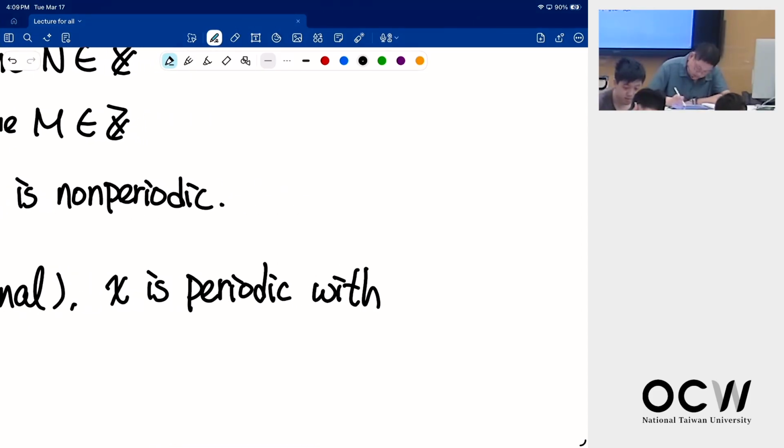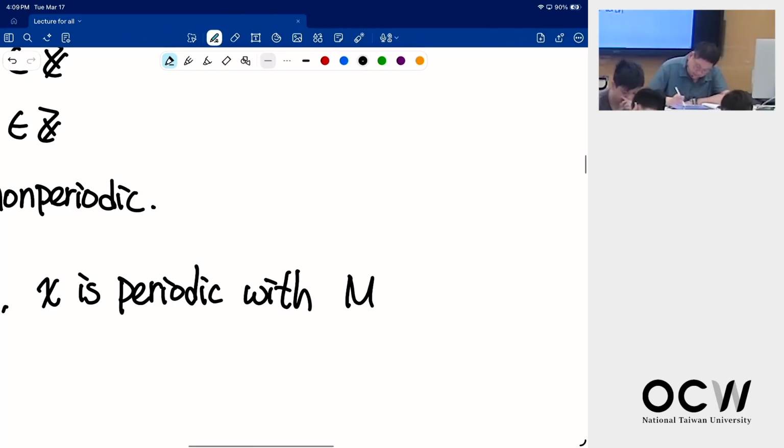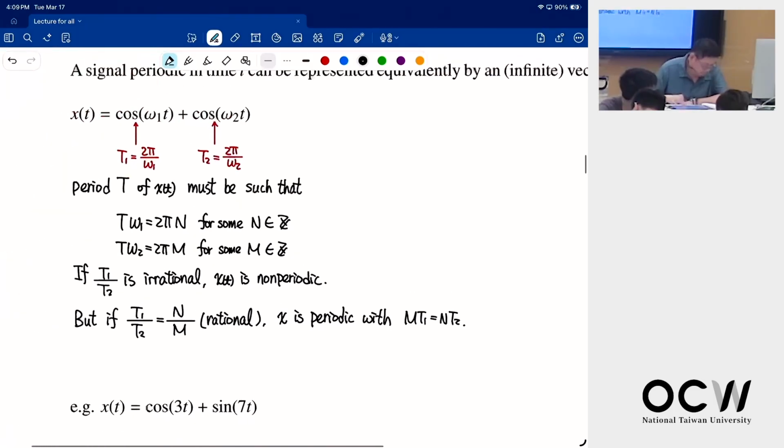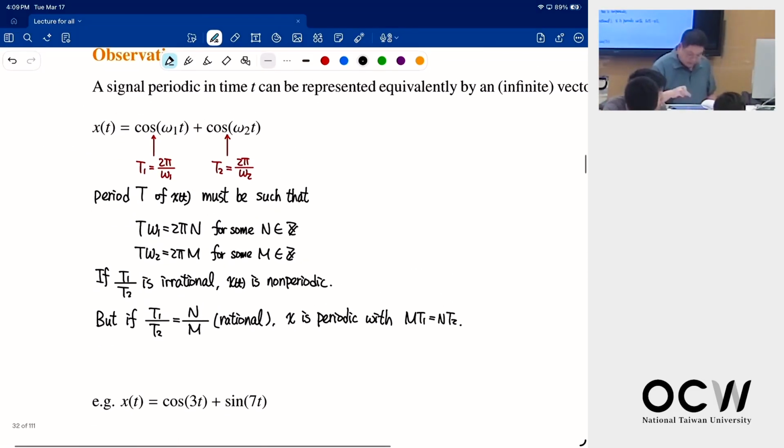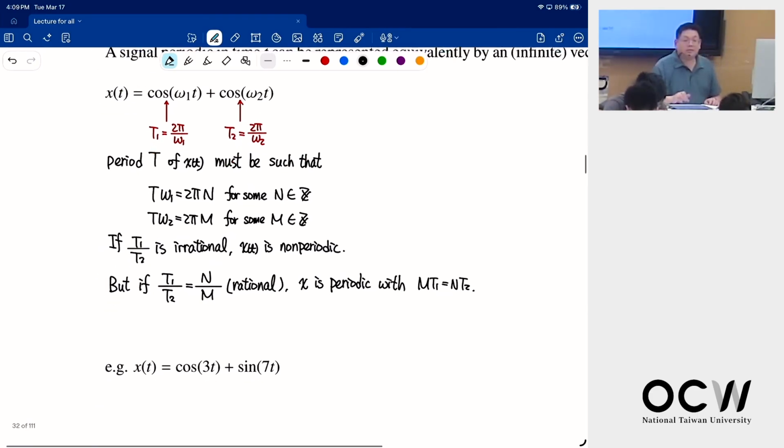And they should have m T1 equal to n T2. For example, if I have cosine 3t plus sine 7t, what is the period? If x is a periodic signal, what is the period?